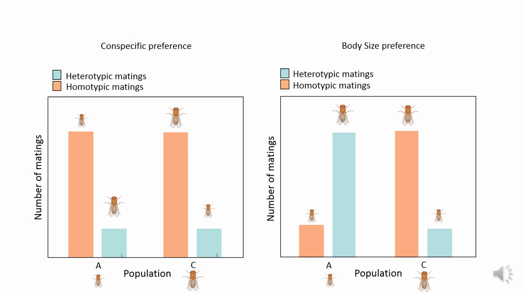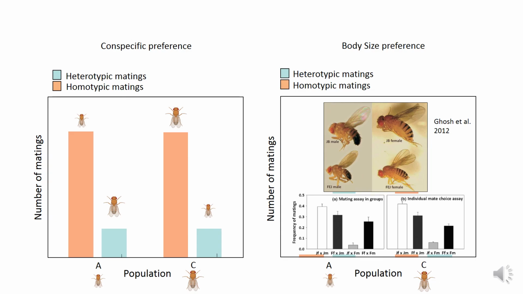To begin with, let's consider the scenario on the right where all the flies involved display a preference for a specific body size, say large individuals. In this case, the Cs would mate homotypically, always picking the larger individual, the C fly, and the As would mate heterotypically, also always picking the large individual, which is the C fly.